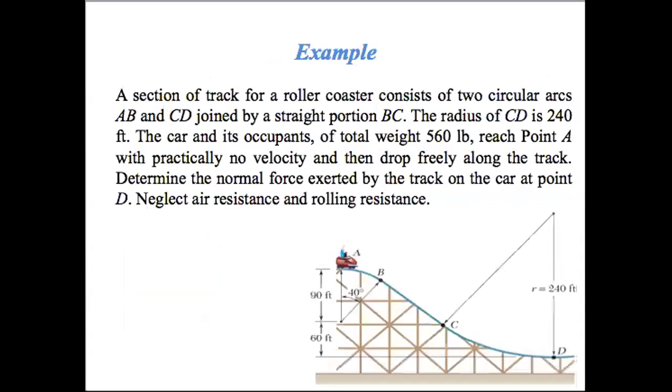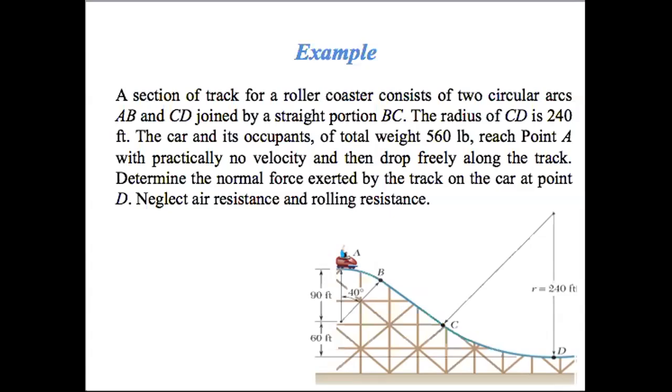Next example. A section of track of a roller coaster consists of 2 circular arcs AB and CD, joined by a straight portion BC. The radius of CD is 240 feet. The car and its occupant, of total weight 560 pounds, reach point A with practically no velocity and then drop freely along the track.